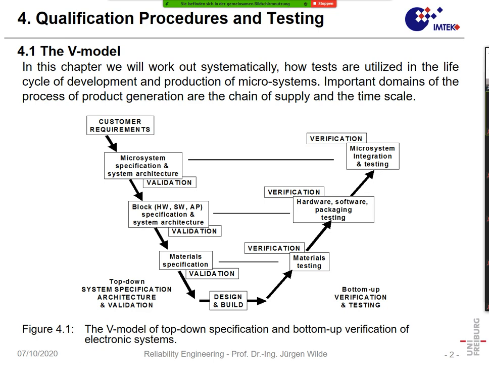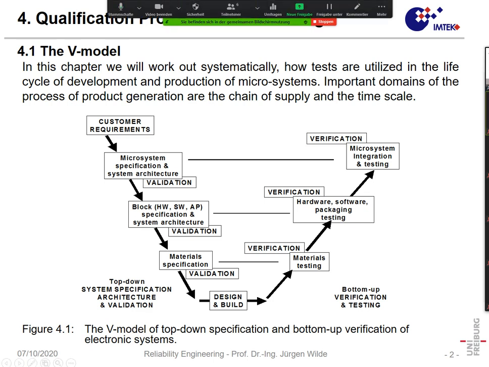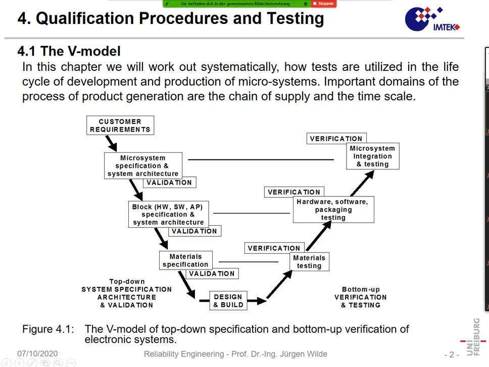So here it is in detail the testing which is important. And finally, the complete microsystem is integrated, and after the final integration, we do the testing. That is in the development and generation of such a system.